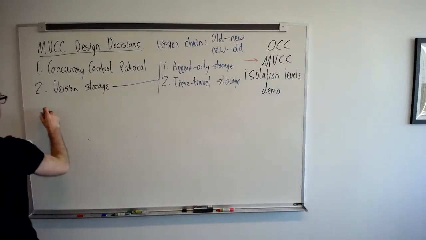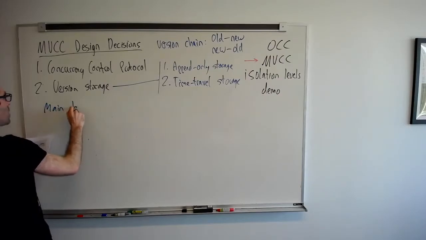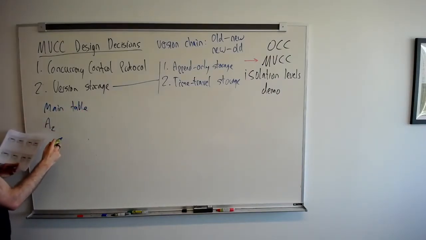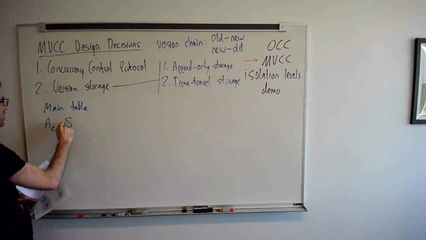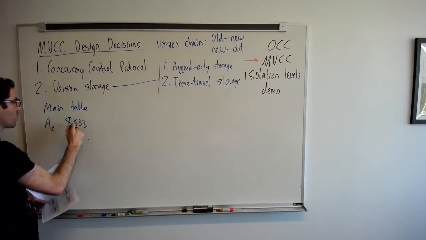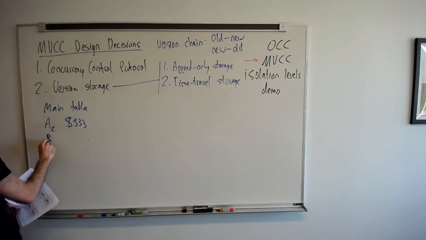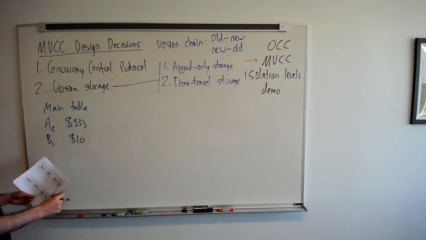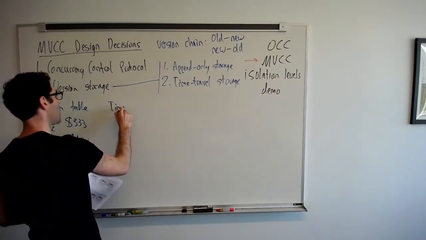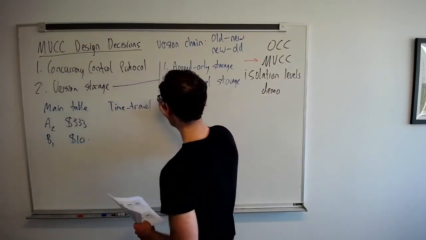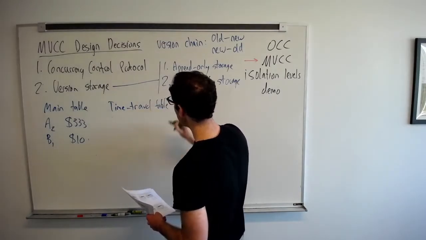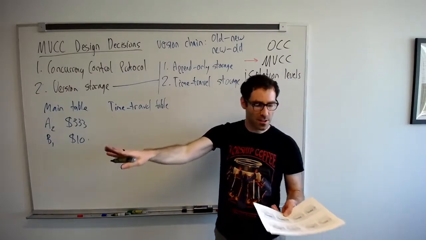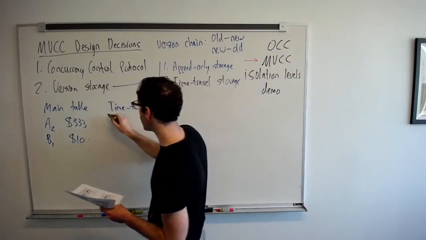In our main table, we have our most recent version, say A2, 333, and B1 with 10. And then we'd have a separate time travel table that would let us look into the past, and that's where we would have the old versions.